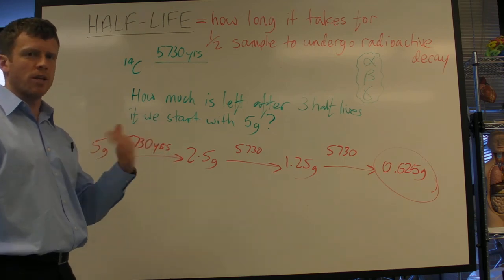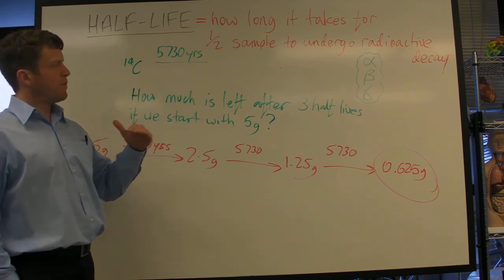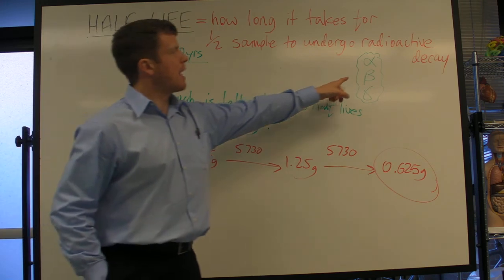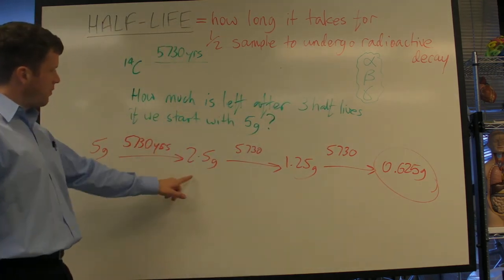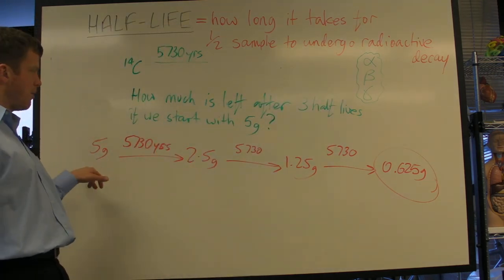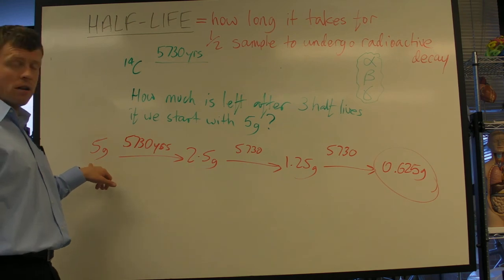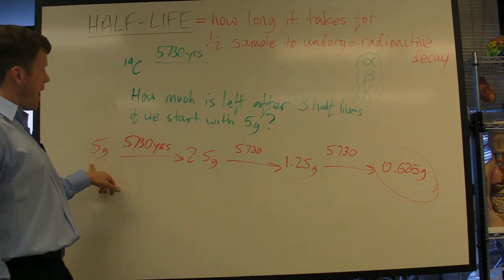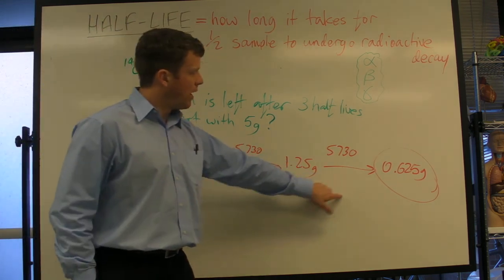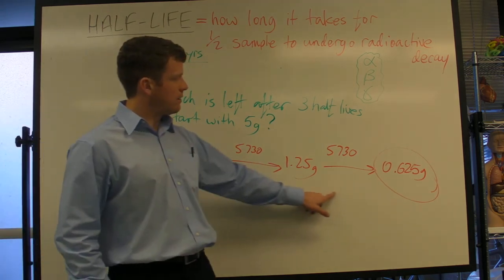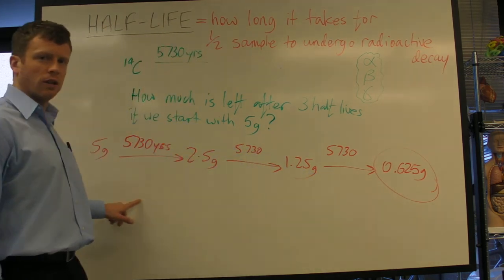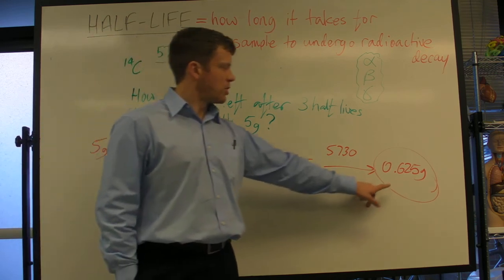When we die, we stop maintaining that amount, so then it starts to undergo beta decay. And it's got a half-life. So, for example, if we have 5 grams in our bodies of carbon-14, after 3 half-lives, which is 16,000 years or a little bit more, there'd be this much left.